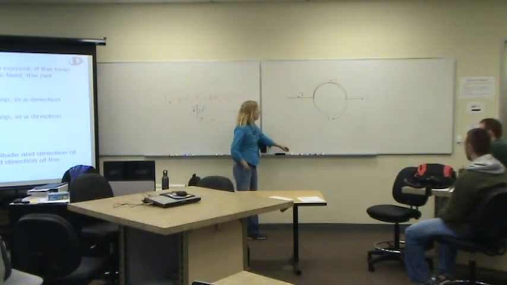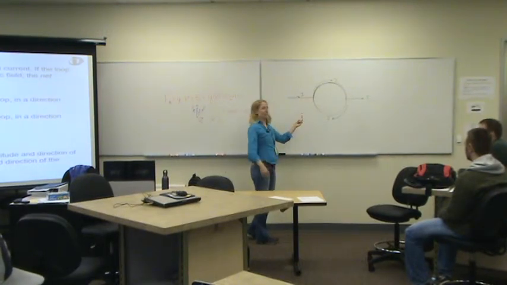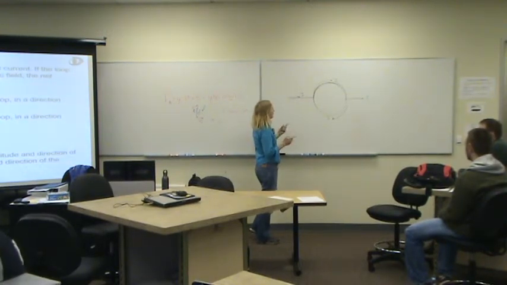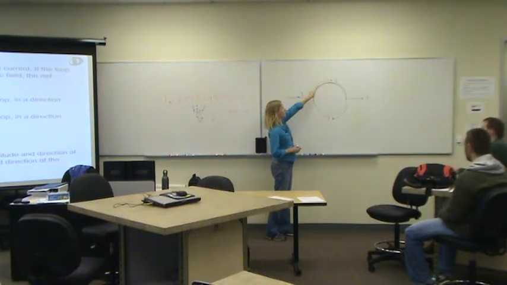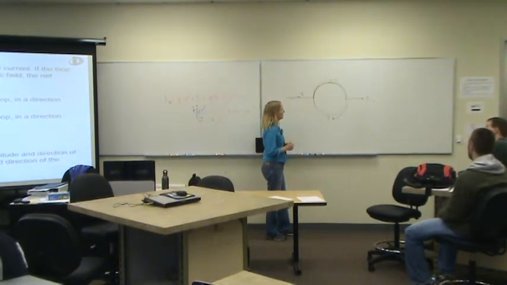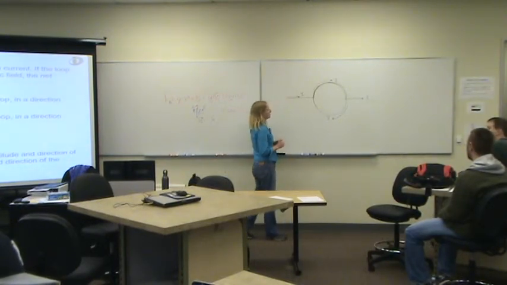So if we're not sure about every instance, that's why I drew a picture on here. The one Nolan brought up would be where the force is coming out of the board on the bottom and going into the board on the top. So what would the magnetic field direction be if that was the case?